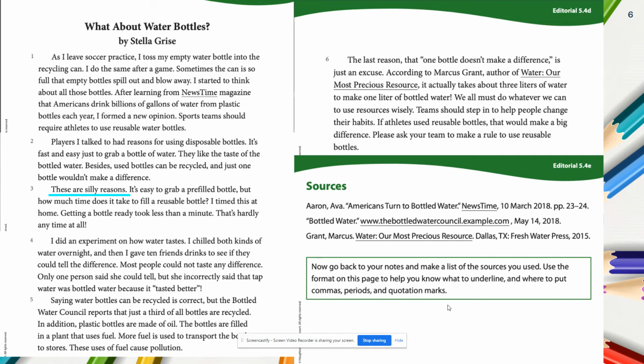And then she says, "These are silly reasons. It's easy to grab a pre-filled bottle, but how much time does it take to fill a reusable bottle?" So whenever she states these are silly reasons, the writer is showing you how she feels about the topic and how she feels about the oppositional opinion.